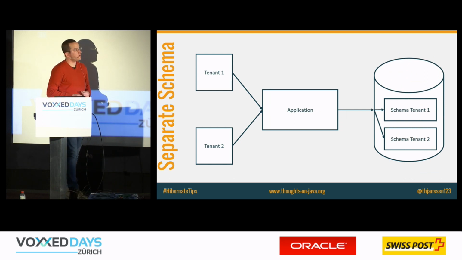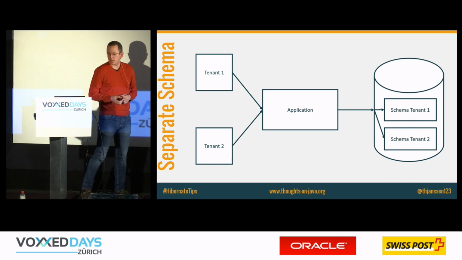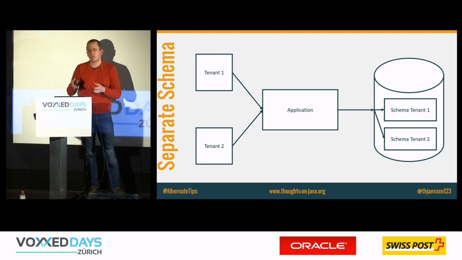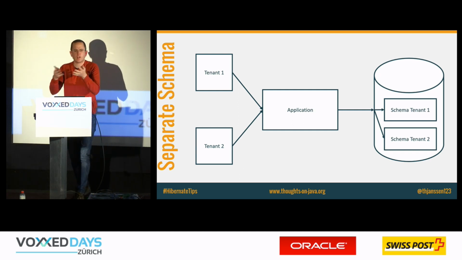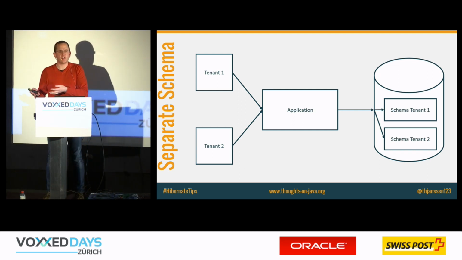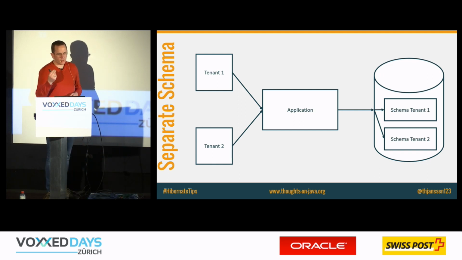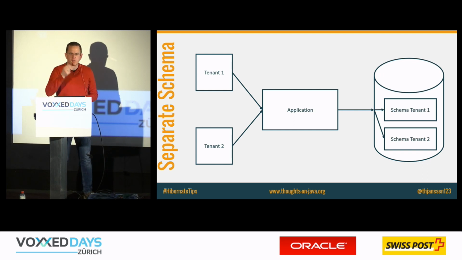Another approach that I can use is the separate schema approach. There I use the same database, but I have separate schemas for each tenant. And within that schema, I have a bunch of tables, and the data is again completely independent. What Hibernate doesn't support right now is to share the same database and the same schema with all tenants and just add a discriminator column to each table to identify to which tenant each record belongs.